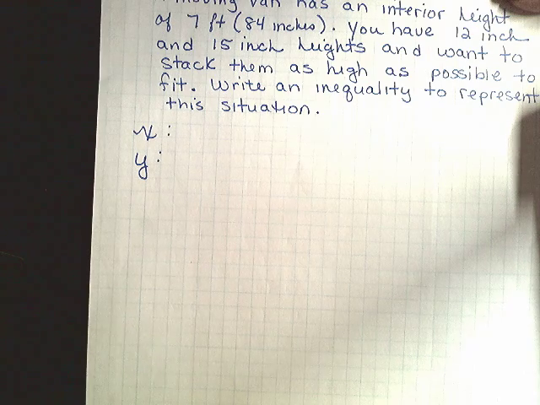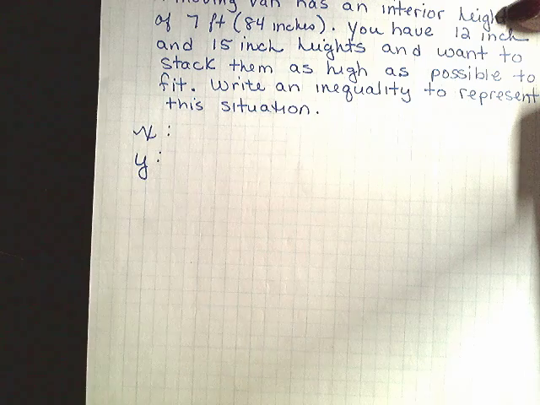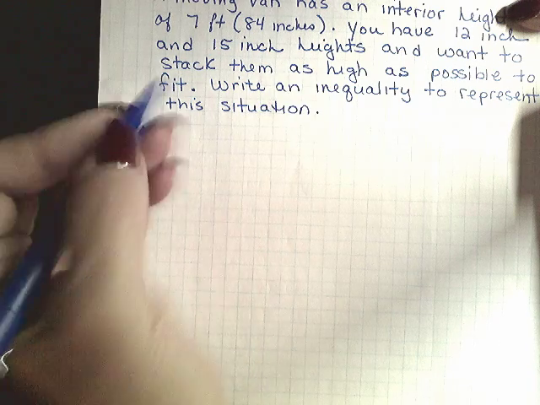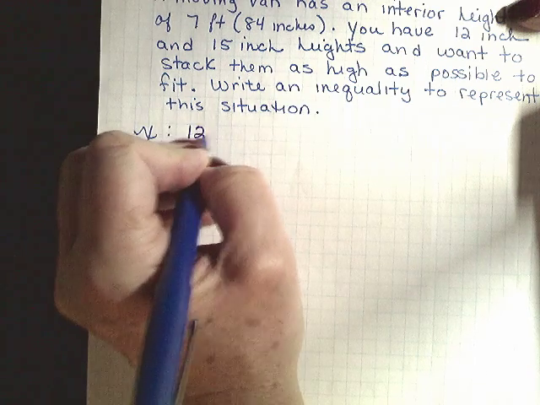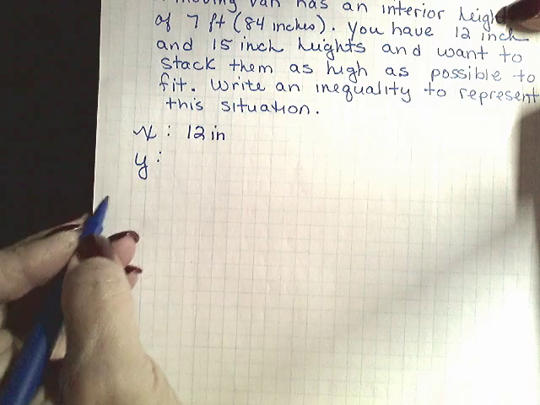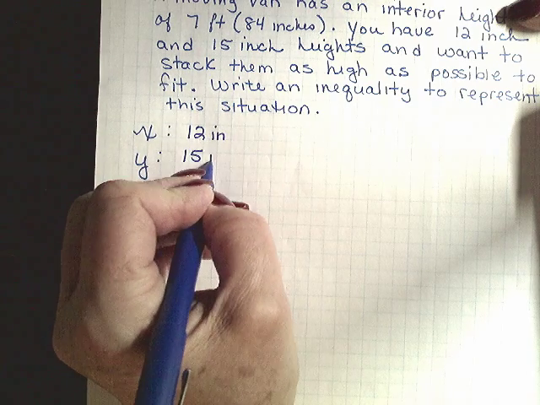Okay, so we know we cannot go any higher than 84 inches. We have 12 inches and 15 inches in height for boxes. So for X, I'm going to say this is my 12 inch. And for Y, I'm going to say this is my 15 inch.